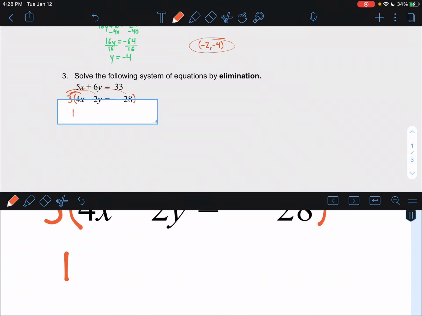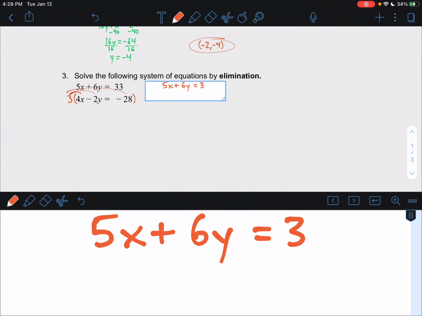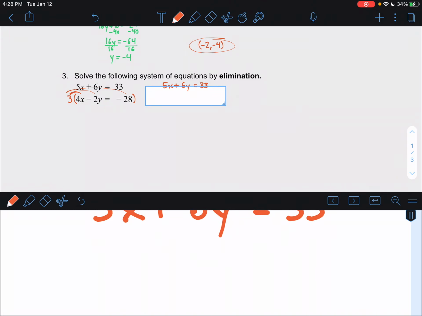Sorry, I will bring that over here to the side. So I'm going to rewrite my first equation, that 5x plus 6y equals 33. And then I said 3 times 4x is 12x. 3 times negative 2y is negative 6y. And 3 times negative 28, let me pull out my calculator for that one. It's negative 84.